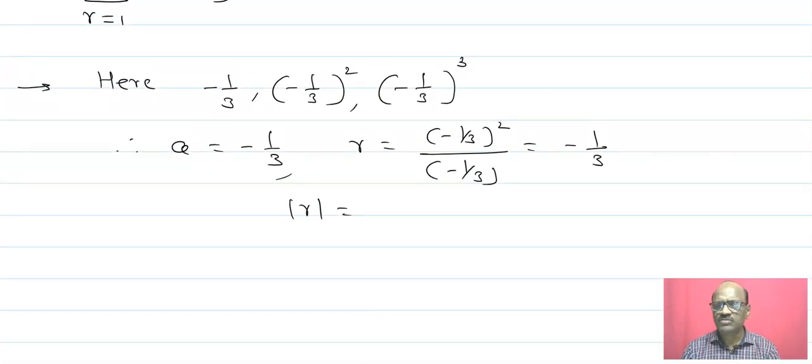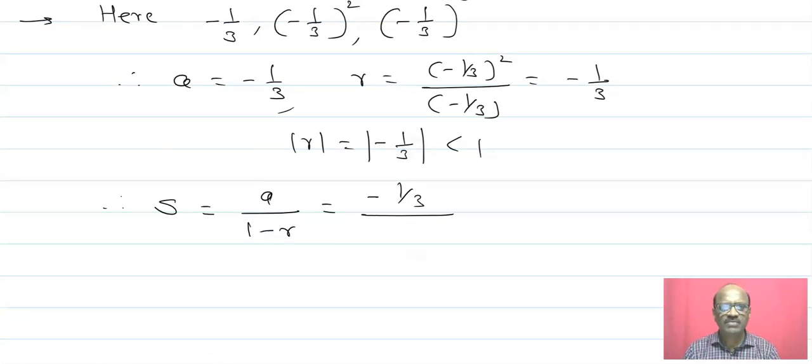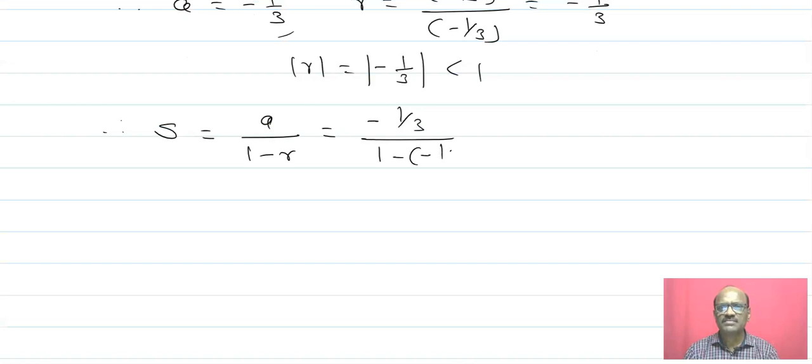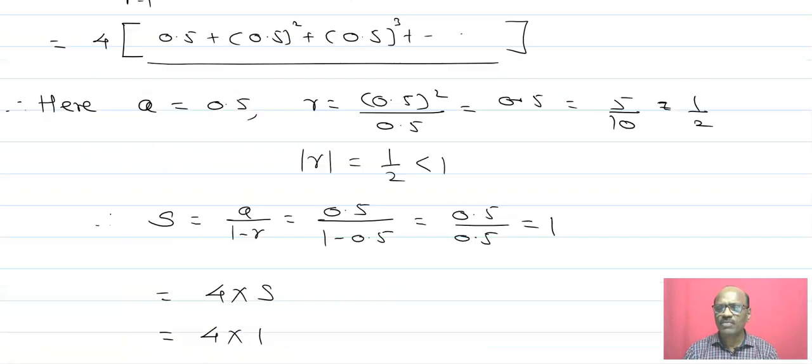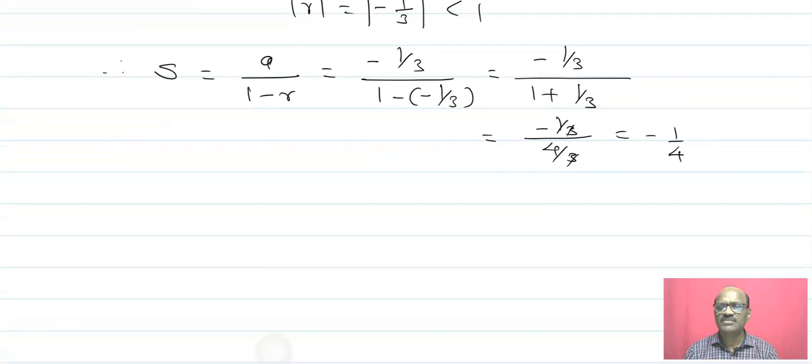Now mod of r is equal to mod of minus 1 by 3, which is less than 1. Therefore again s is equal to a upon 1 minus r, that is minus 1 by 3 upon 1 minus bracket minus 1 by 3. That is minus 1 by 3 upon, minus minus becoming plus, 4 by 3. The 3s get cancelled and you get minus 1 upon 4.